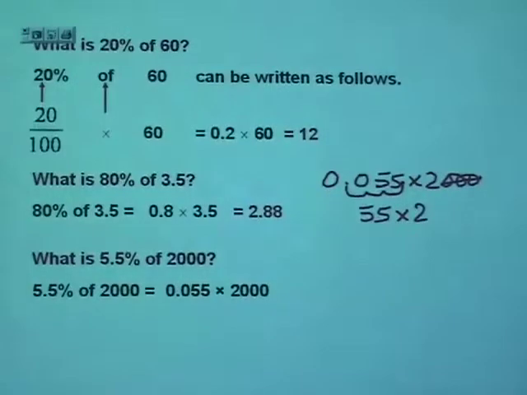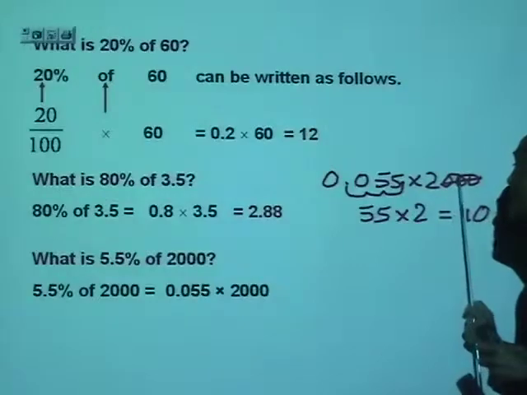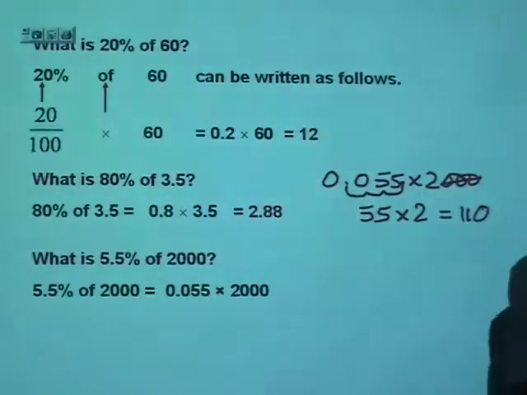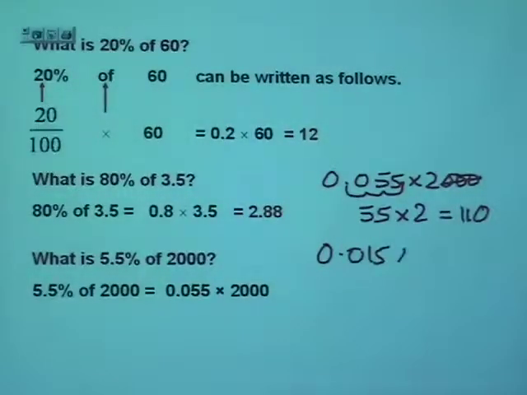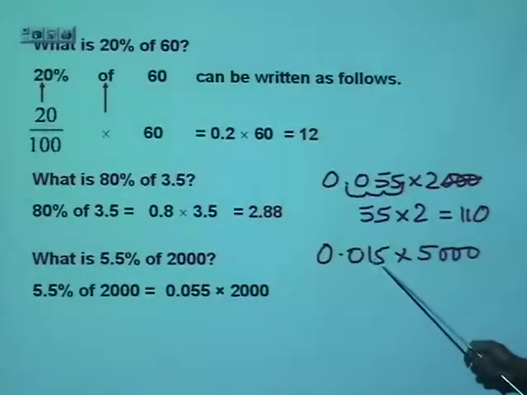Do you understand that concept? And that will be 110. A very easy way to multiply a decimal number with a number that has, say, zeros at the end. For example, let me show you this. What is 0.015 times 5,000? Here again, I can cut off the 3 zeros at the end and move the decimal here 3 places to the right.